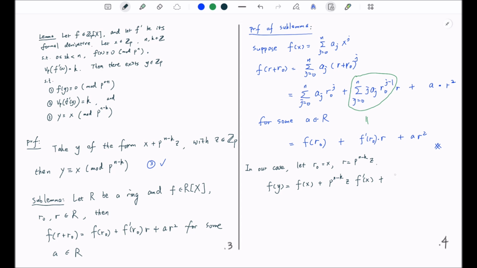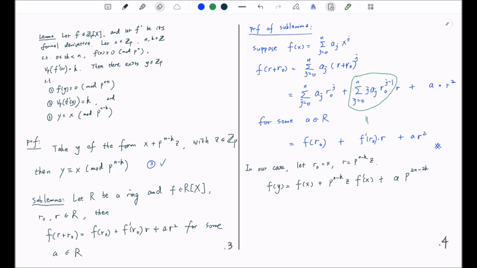And the last part is some a times r squared. And r squared is p to the power 2n minus 2k times z squared. And now, for simplicity, we're going to combine this a with z squared.